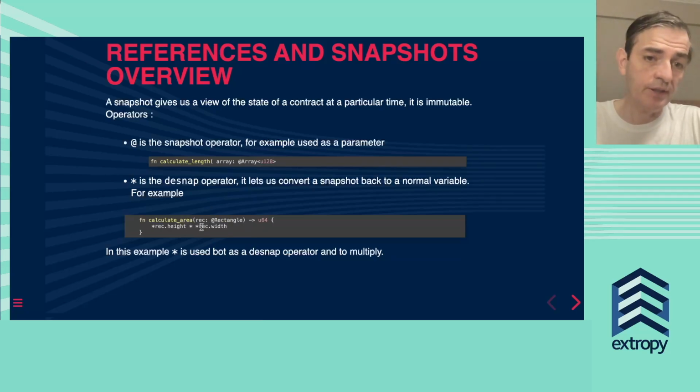But also in this case, we're also using the asterisk as the multiplication operator. So do be aware that it can look a little confusing, but the asterisk can have two roles. So yeah, be aware of that.